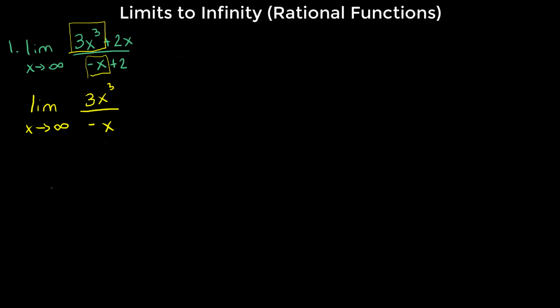But these limits will have the same result, because the other terms are not growing anywhere near as fast. We can ignore them because we are approaching an infinite value. Eventually negative x is going to leave that 2 behind, and the same goes for 3x cubed, which will leave 2x in the dust. So we can just compare the fastest growing terms.